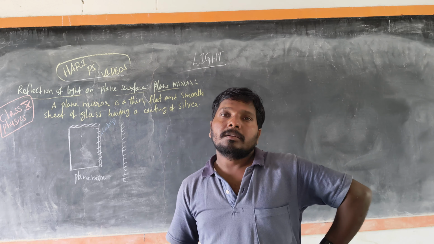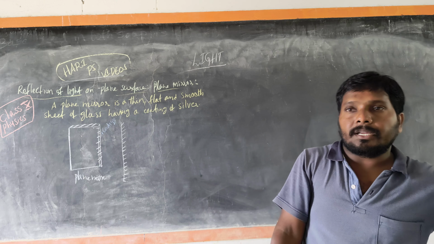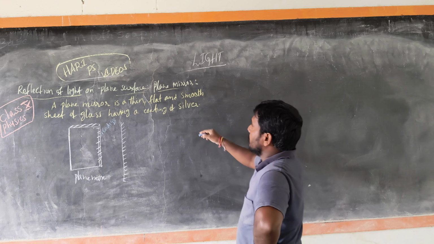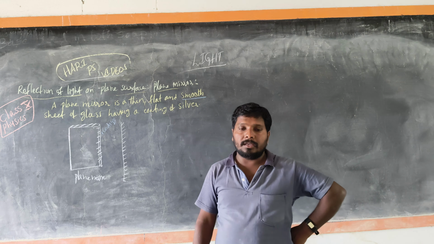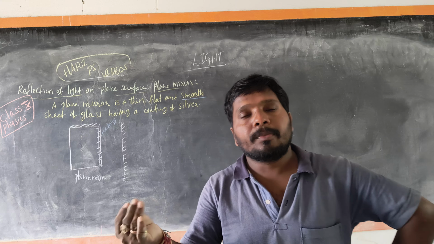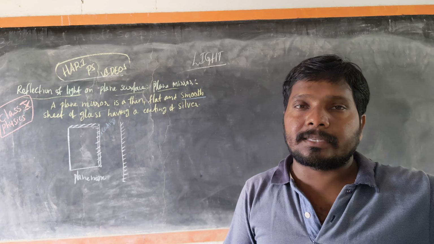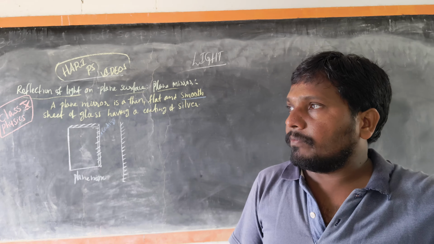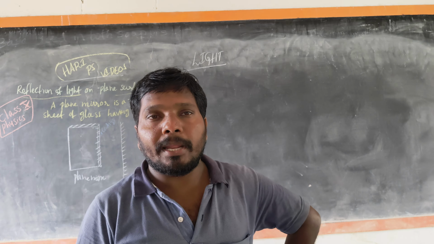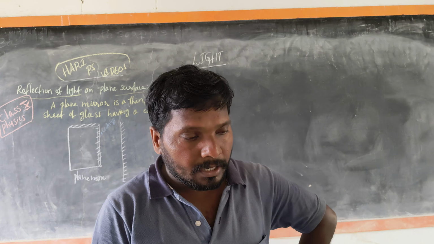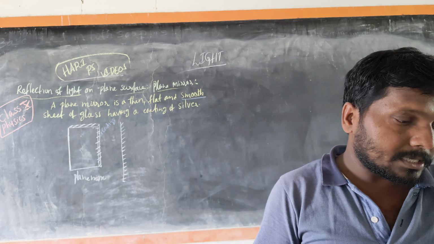Here also reflection takes place. Since it is a thin, flat and smooth sheet of glass, a smooth surface, what kind of reflection takes place in the case of a plane mirror? Regular reflection takes place.